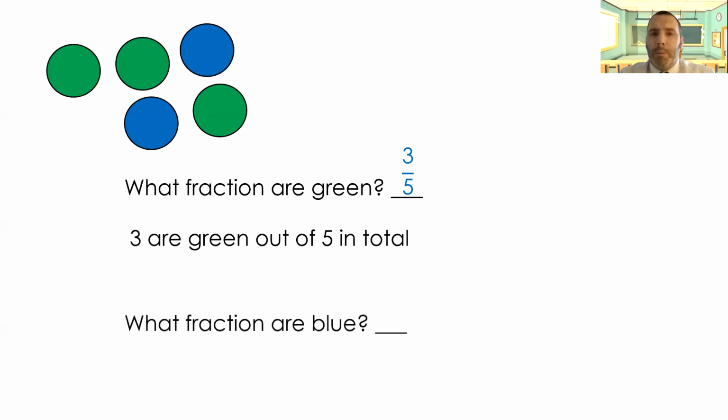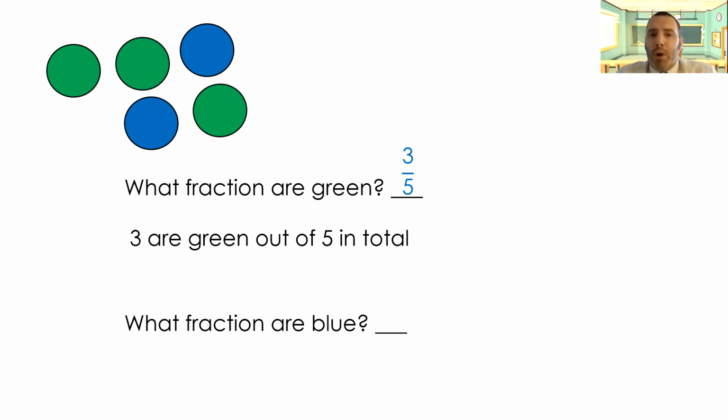What fraction of blue? We can do this one of two ways. We can count how many circles there are. There are 5, there are 2 that are coloured in blue. Or we can use what we already know. There are 5 in total. I know 3 of them are green. I don't need to go back and count them all because I know 3 add 2 makes 5. So we're going back to 5 whole parts. We're going back to 1.